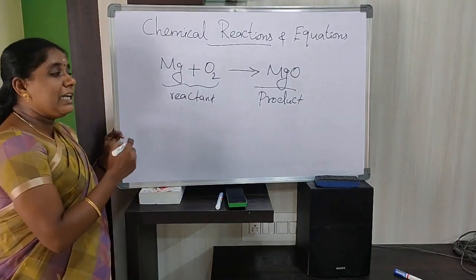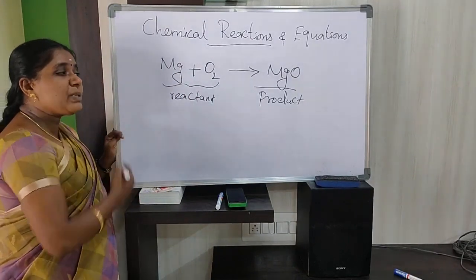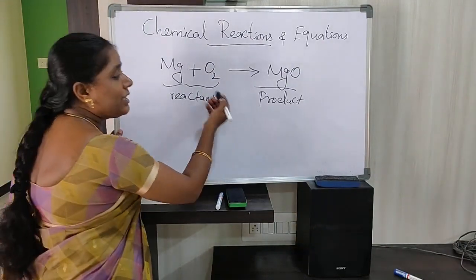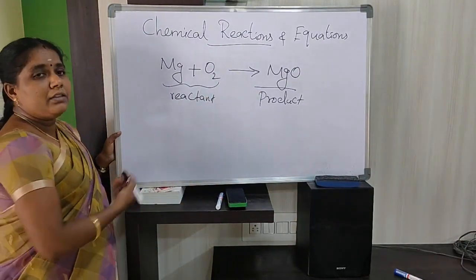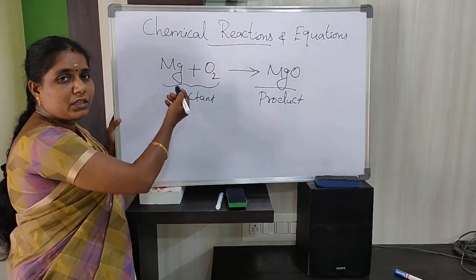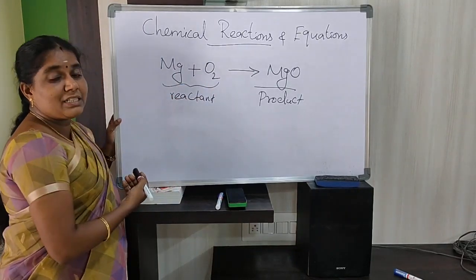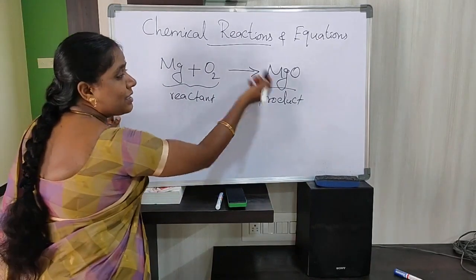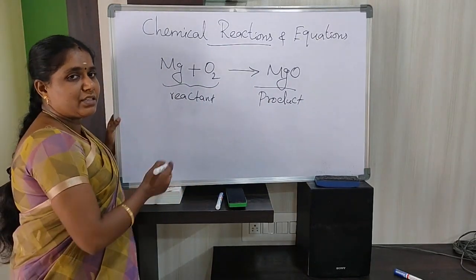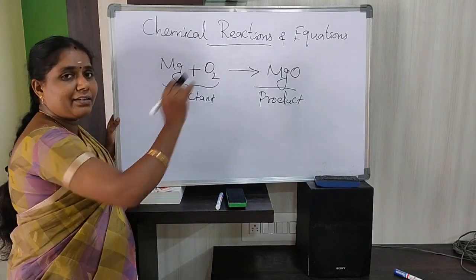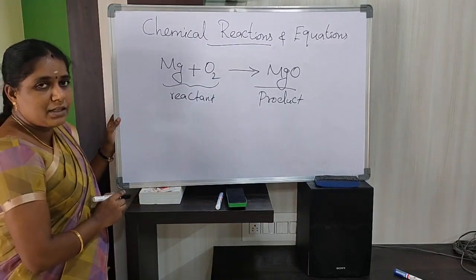And what is meant by product? The substance which is formed as a result is called the product. The reactants combine together to form a new substance as a result. That result is considered the product. So in each and every chemical reaction you have to know about the reactant and product, isn't it?